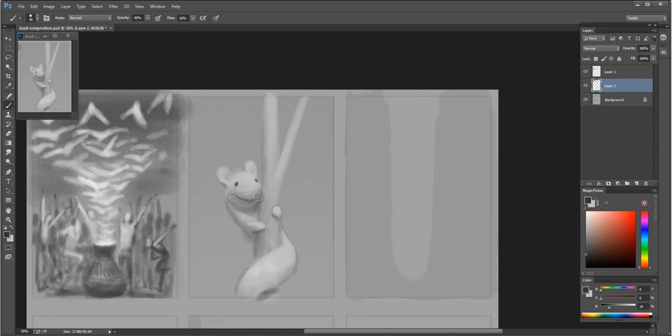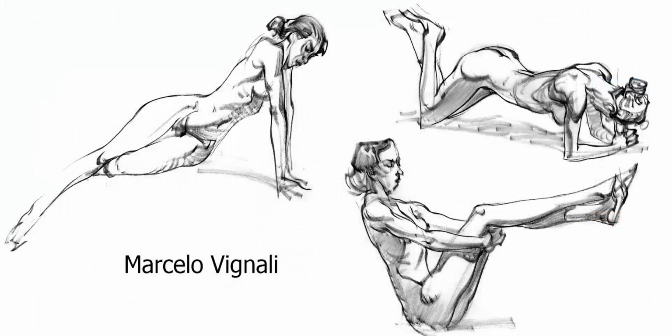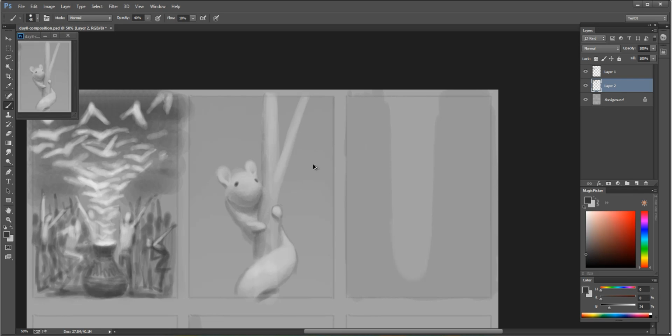Marcelo Vignali is also going to be there. He's going to be teaching life drawing in a way where it is very much geared towards designers to expand your designing muscles, which is going to be fantastic.